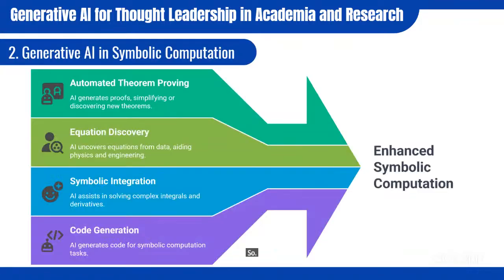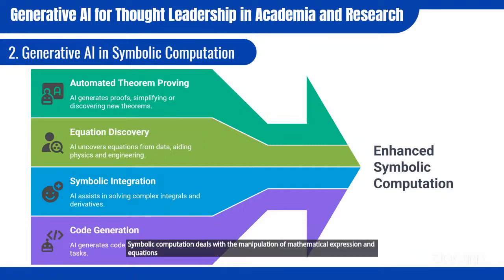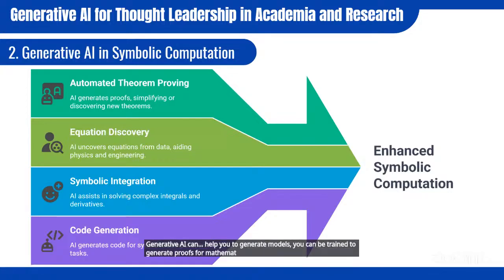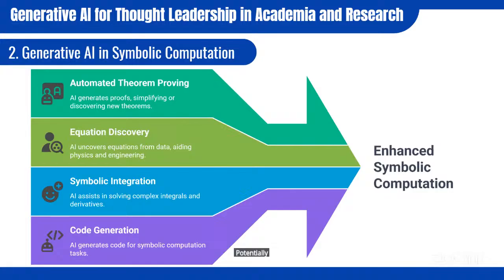So these are some components to enhance symbolic computation. Symbolic computation deals with the manipulation of mathematical expressions and equations in symbolic form. Generative AI can help you to generate models, and can be trained to generate proofs for mathematical theorems, potentially discovering new proofs or simplifying existing ones.